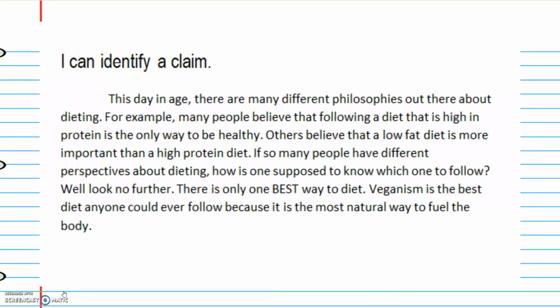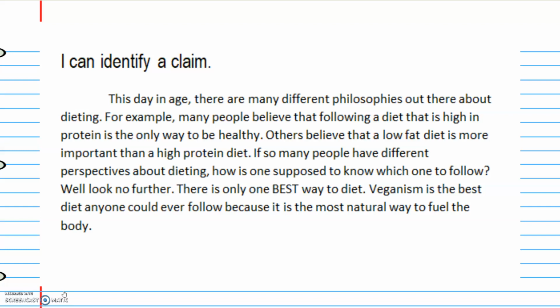Let's see if you can identify the claim in this passage. This day and age, there are many different philosophies out there about dieting. For example, many people believe that following a diet that is high in protein is the only way to be healthy. Others believe that a low-fat diet is more important than a high-protein diet. If so many people have many different perspectives about dieting, how is one supposed to know which one to follow?